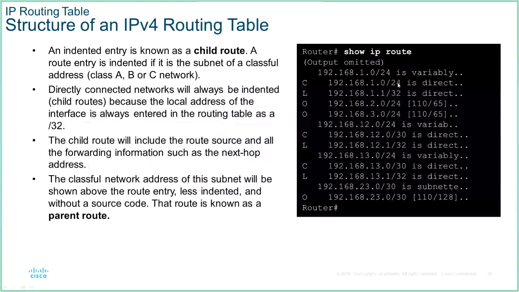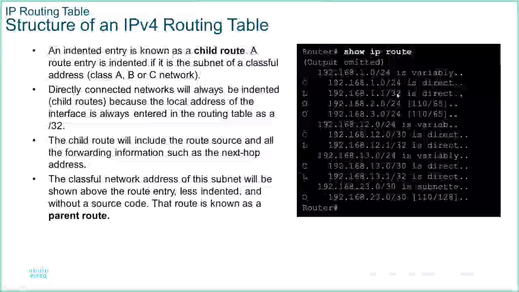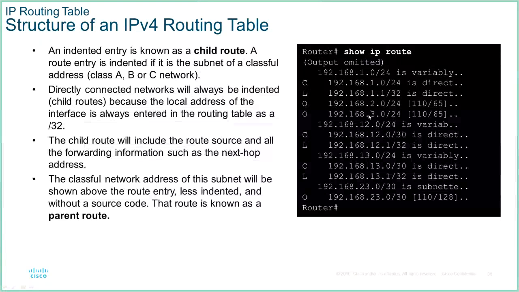So these two are the children of this one. These are parents in themselves, so they'll be just straight there. 12.0 is variably subnetted. It's got entries for it. Now, because we have the C and the L, this is generating the parent and child.